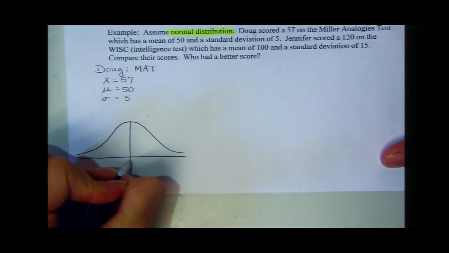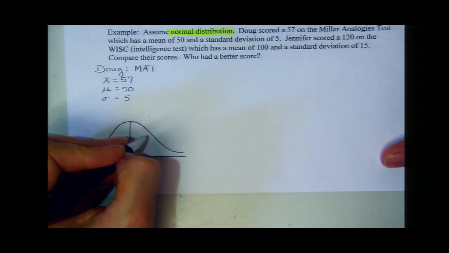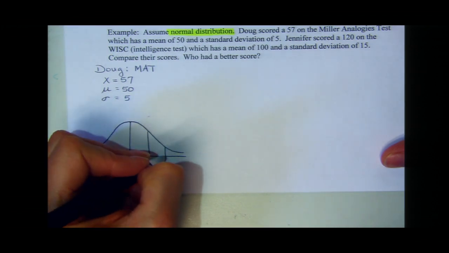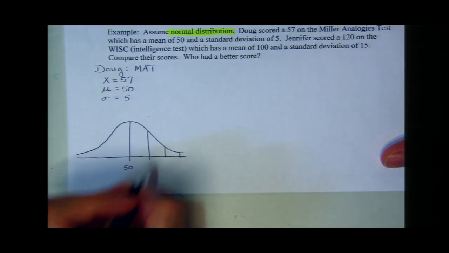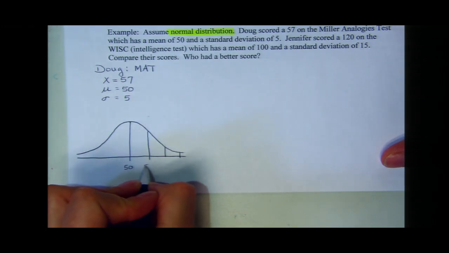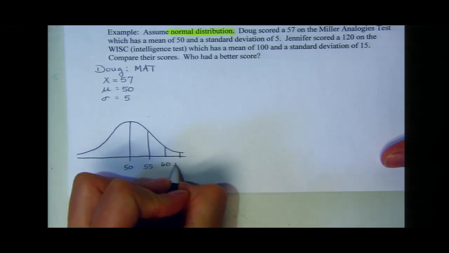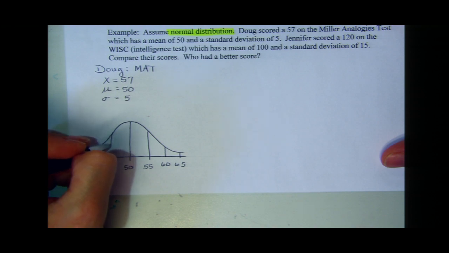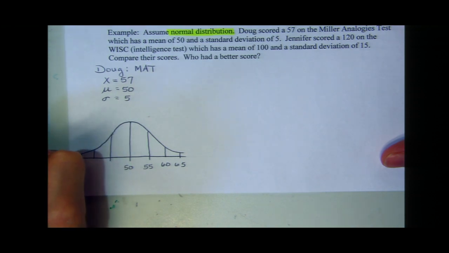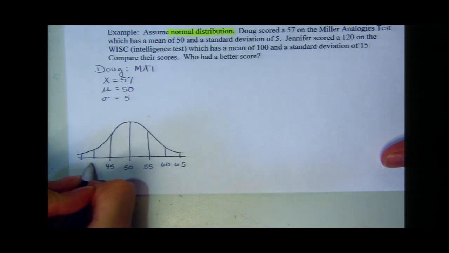The mean is 50, and as I go to the right, 3 standard deviations, I add the standard deviation of 5, so this would be 55, 60, 65. As I go to the left, I would subtract 5, so 45, 40, 35.